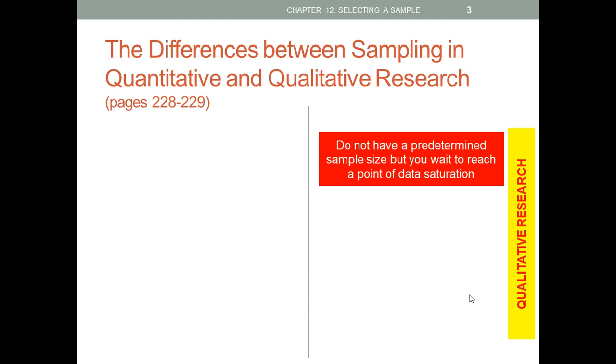Simply, she makes up her mind that data have already saturated. Even if she tries to talk to more people, she will not learn anything new about her research question or topic. So her final sample size, her final number of participants recruited in her study, is going to be revealed when she collects no new information, or when data have saturated.